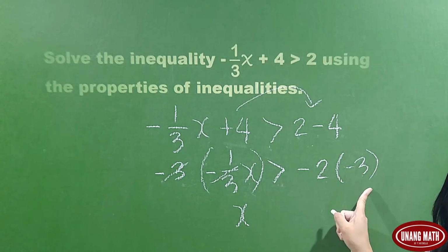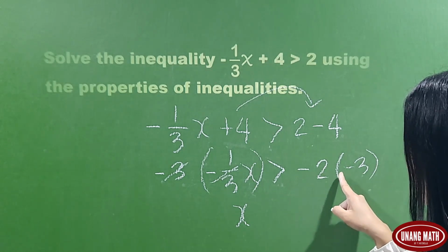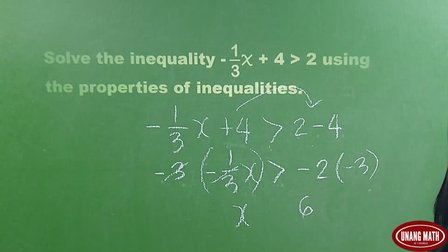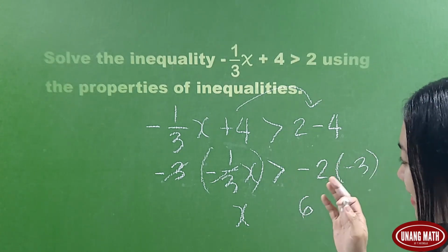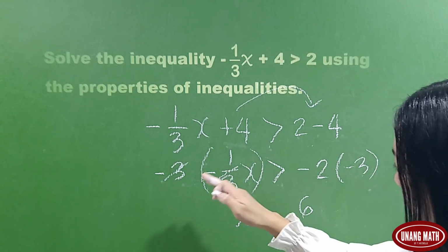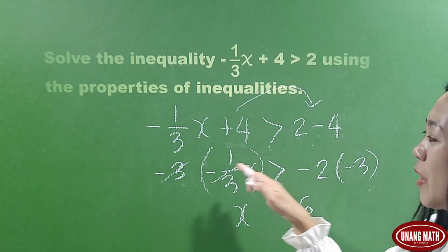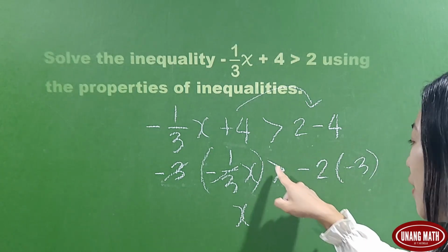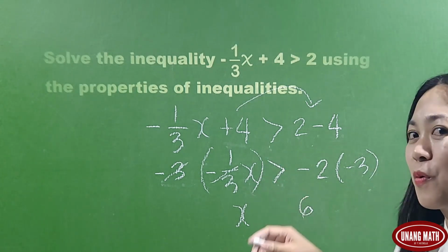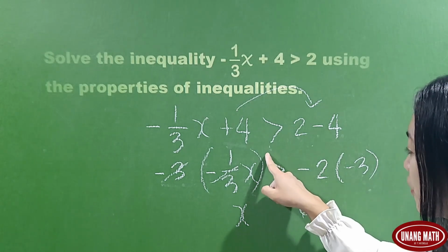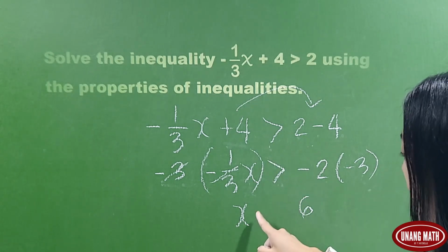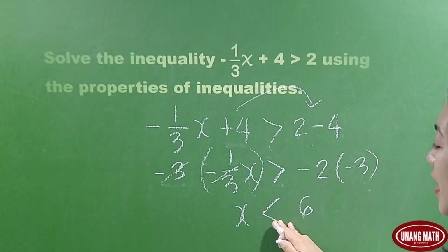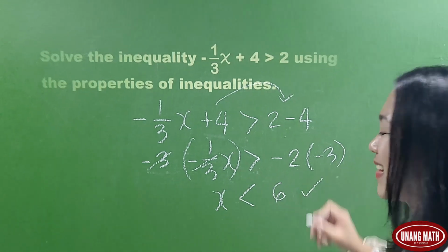And on the right side of this inequality, negative 2 times negative 3 is now positive 6. And since we multiplied both sides of this inequality by a negative number, this symbol will reverse or change. So from greater than, this will now become less than. So x is less than 6.